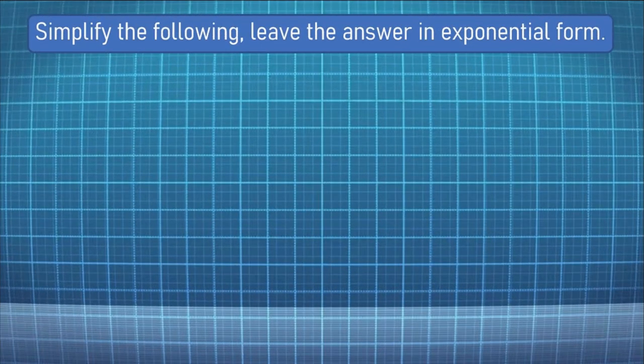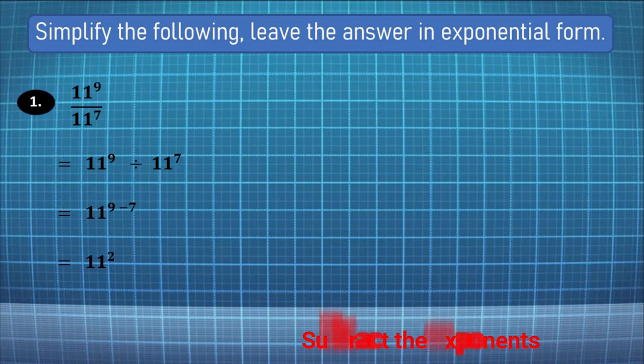Let us simplify the following. We'll leave the answer in exponential form. In number 1, let's get 11 to the power of 9 divided by 11 to the power of 7. Now, since the bases are the same, we will simply subtract the exponents. That is 11 to the power of 9 minus 7, and that is 11 squared.